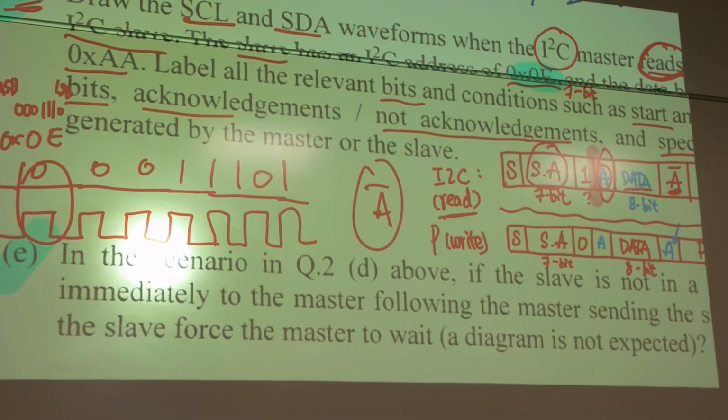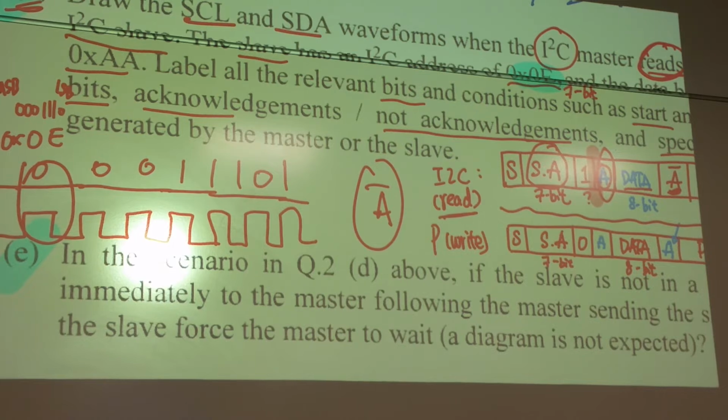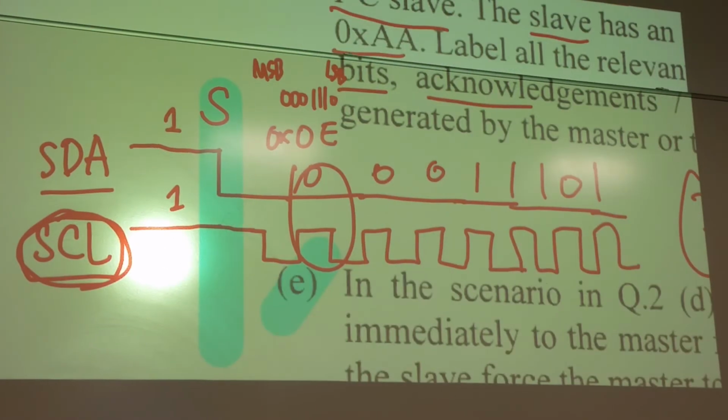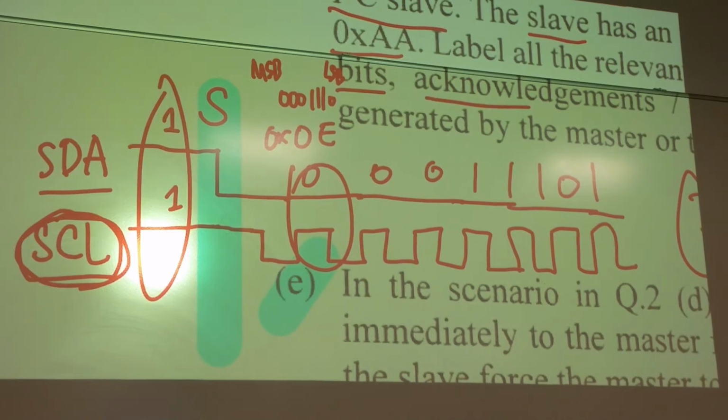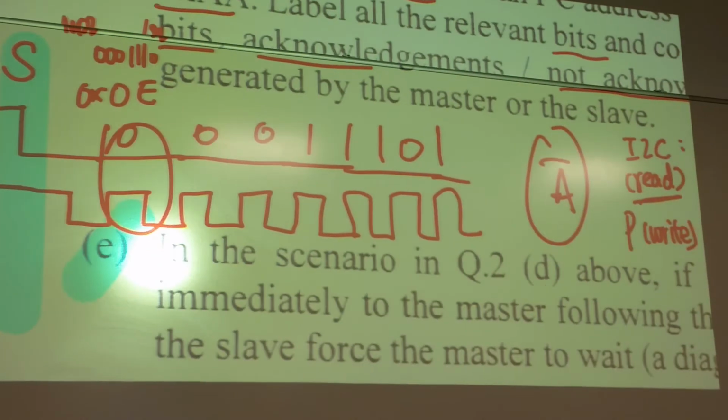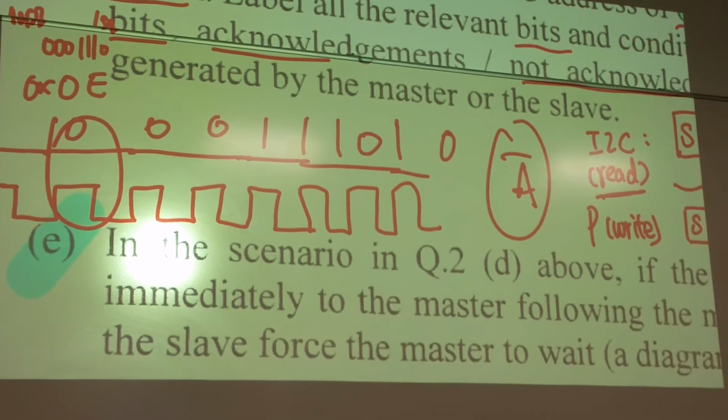If no one is talking, originally a channel should be logical 1 or 0? 1, because you have a pull-up circuit. So if no one is talking, you have 1. The opposite way, if someone is talking, you will have 0 when there's a clock.